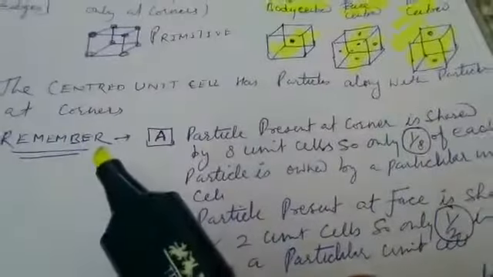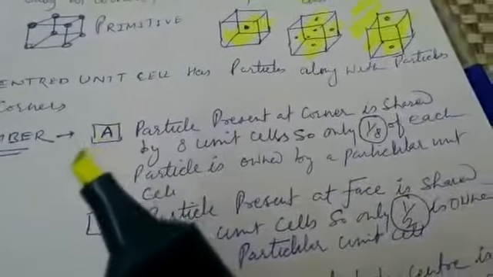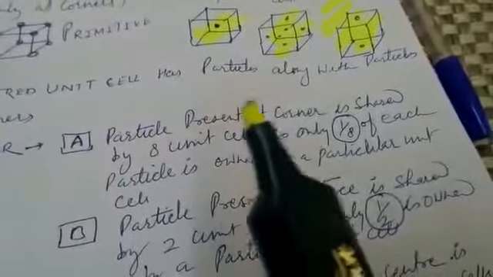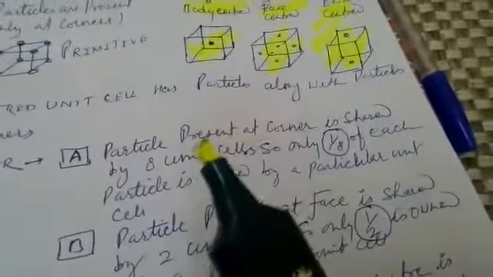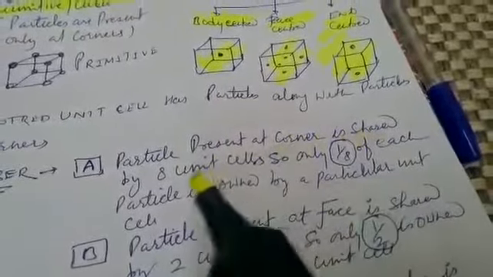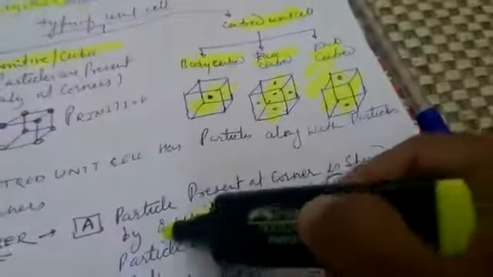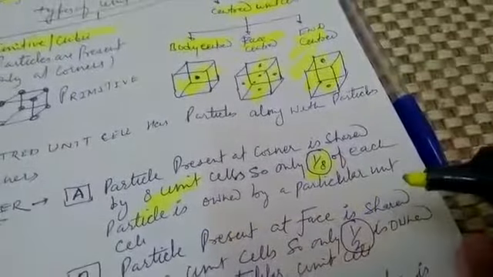Now there are a few points to remember. Point A: a particle present at a corner is shared by 8 unit cells. So it means that only 1 by 8 of it is owned by a particular unit cell.